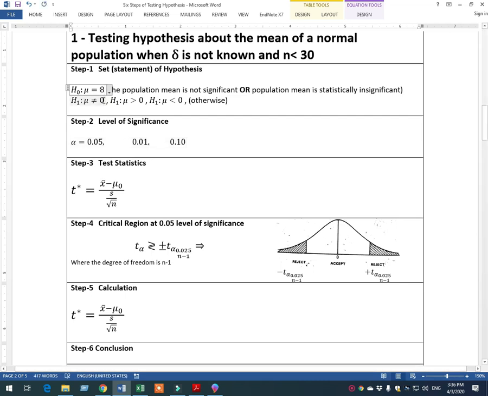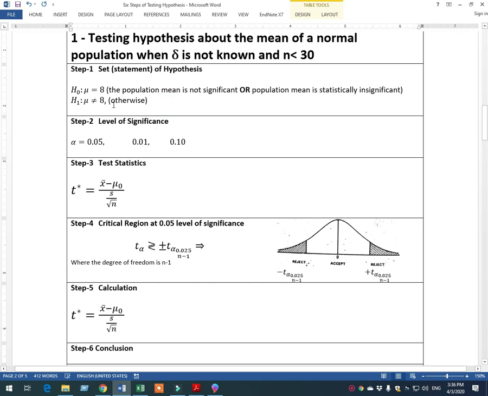Either this population mean would be found exactly equal to 8, or I am taking two-tail testing if it is not found equal to 8. So I am erasing all other kinds of alternative hypothesis.